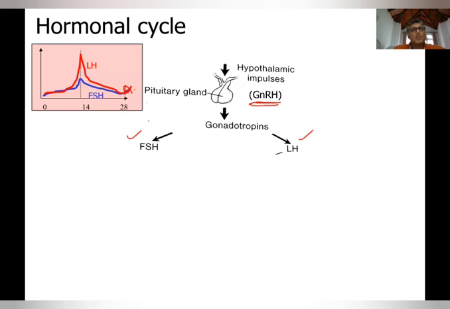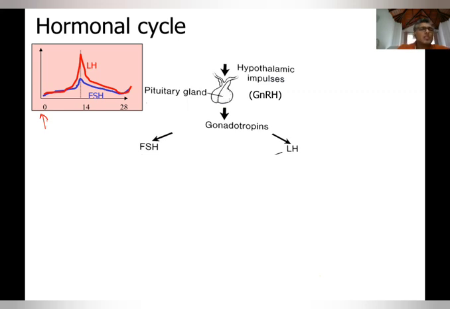Then if you draw a graph of the level of these hormones, FSH and LH, in the blood of this female, you will see a graph like this. Day 0 always means the commencement of the menstrual period, not the end of it.